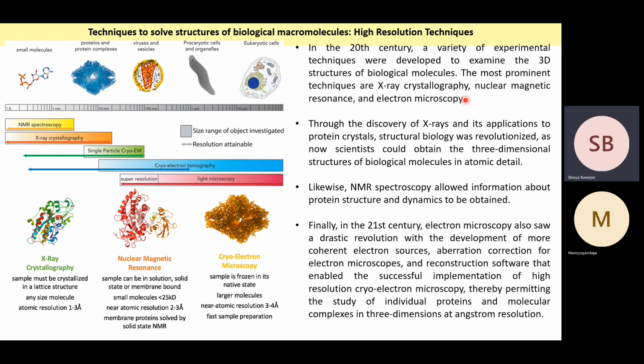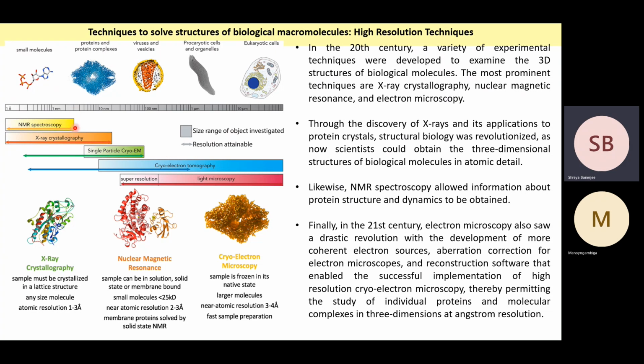The most prominent techniques are X-ray crystallography, NMR, which is nuclear magnetic resonance, and cryo-electron microscopy. As you can see here, the sizes of several objects are shown, from small molecules to cells and eukaryotic cells, and the range of different spectroscopic methods is shown.